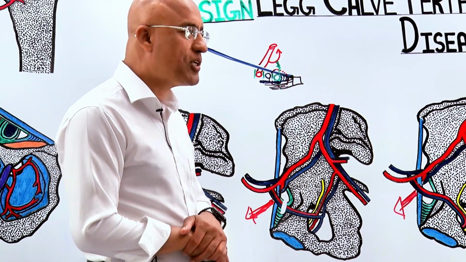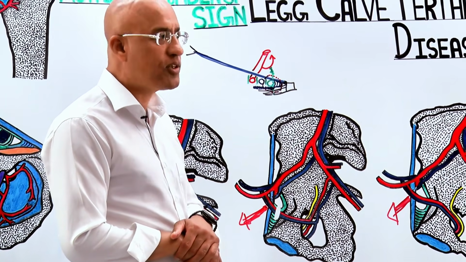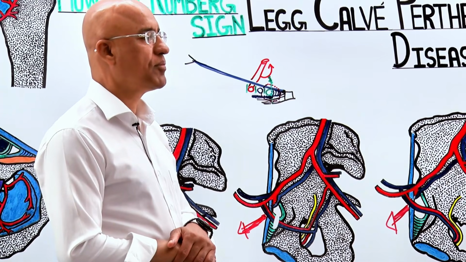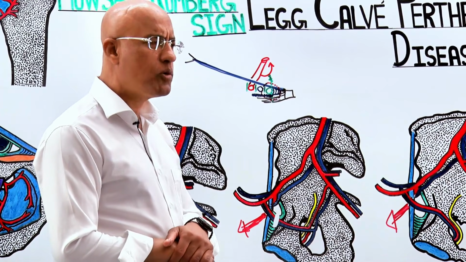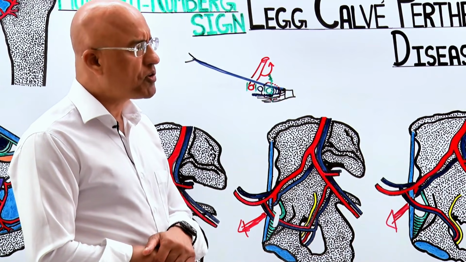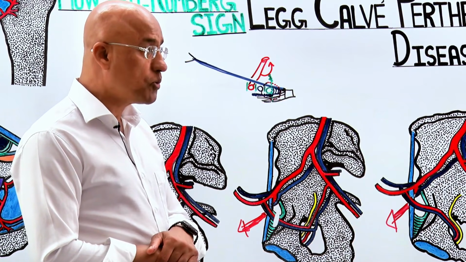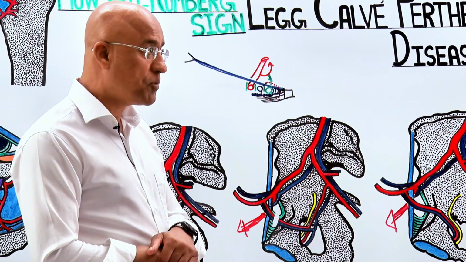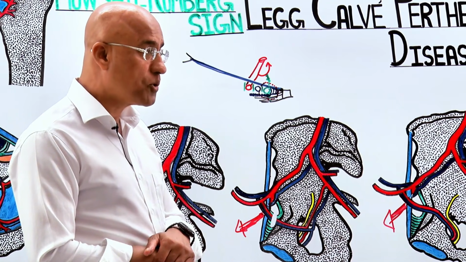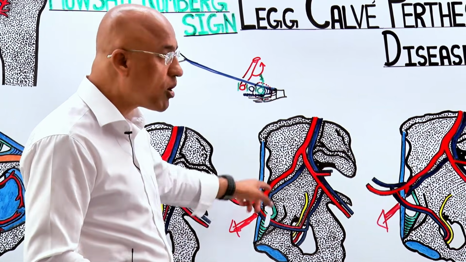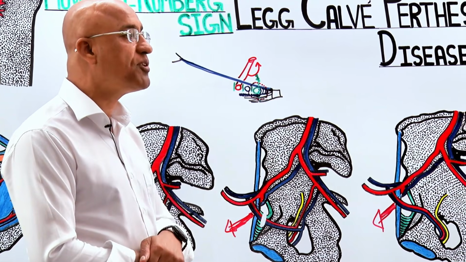So by palpation, you will make sure whether corona mortis is there or not. Or if you are doing laparoscopic surgery in this area, then before doing anything else, you should visualize this area thoroughly to check that corona mortis is not there.